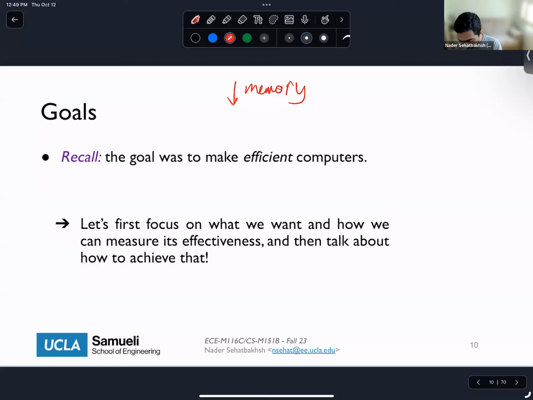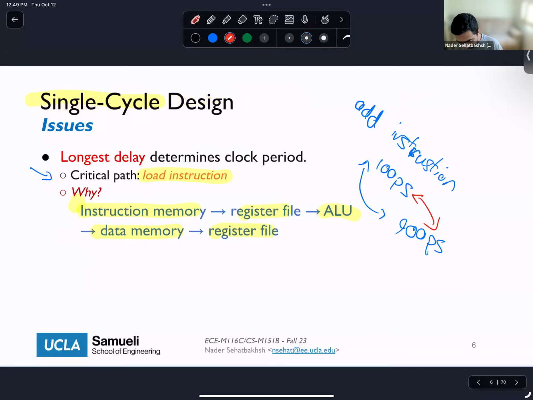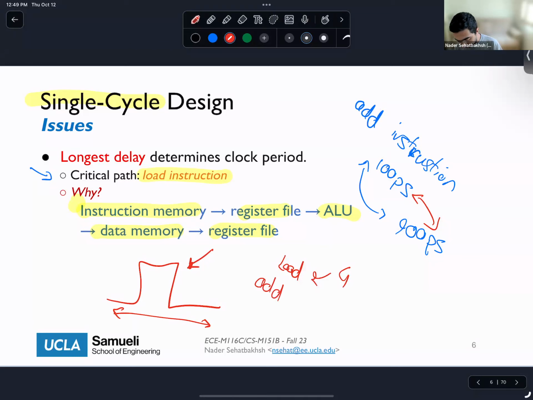Okay, somebody says multi-cycle design. So the idea of multi-cycle is that I need one clock cycle to finish things, and this clock cycle is determined by my slowest. So what can I do in order to make things faster? Instead of saying every single instruction has to take one cycle, maybe I say load takes 4 cycles, but add takes 1 cycle, okay?